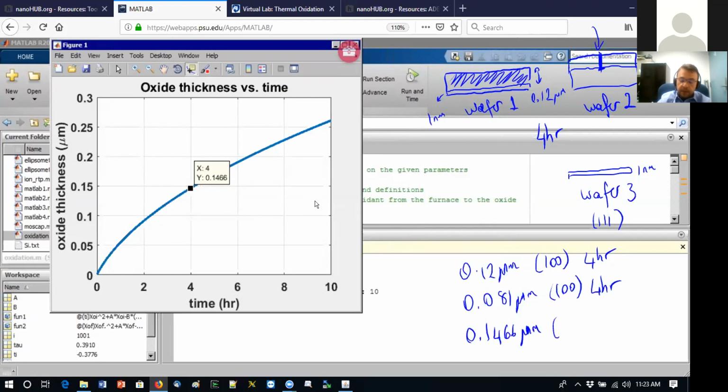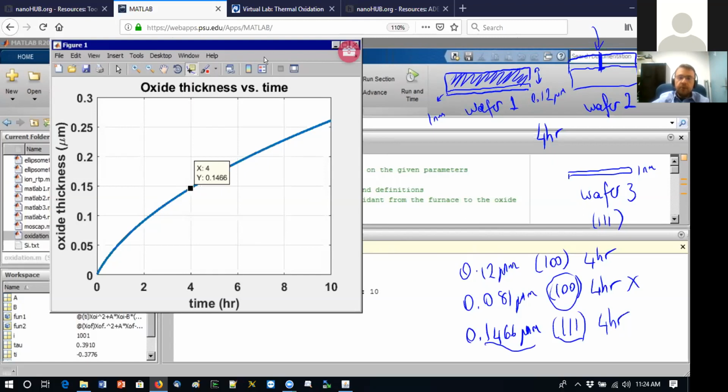Now this is the 111 plane, again for 4 hours. So we understand that the 100 with initial oxide is the worst. The 100 with no oxide is somewhat in between, but 111 is the fastest without the initial oxide.